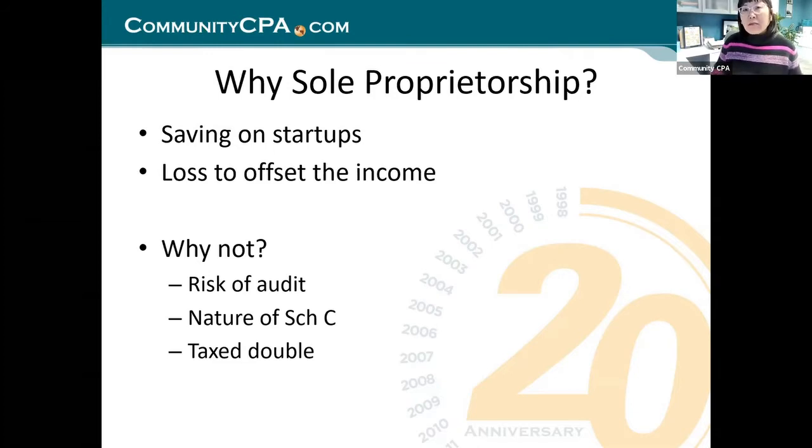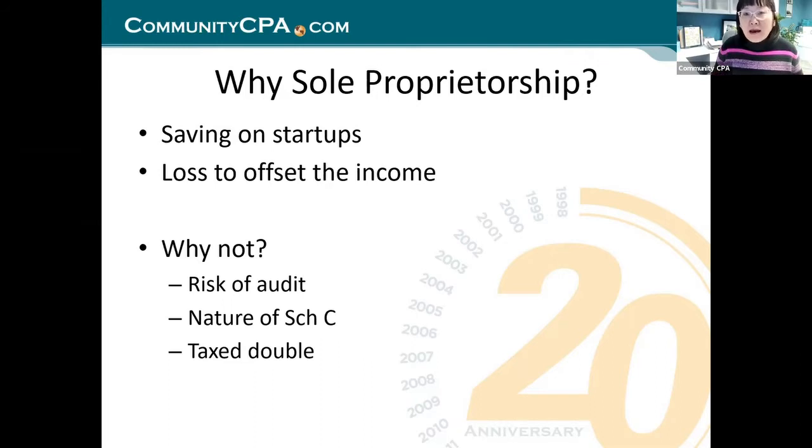Say my W-2 is $50,000, and I run a sole proprietorship with a $50,000 loss. Then what's going to happen? My taxable income is 0, right? And the taxes already withheld by the employer would come back to me as a refund. So this is where sole proprietorship is actually attractive.